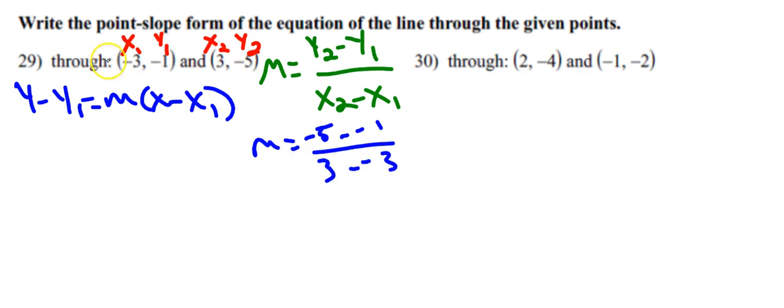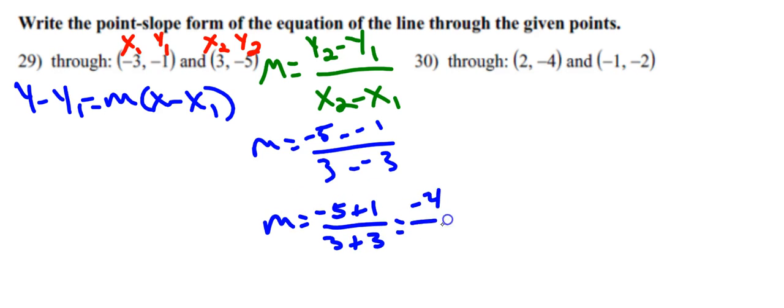I'm just getting that from these. If I want to clean that up, that becomes m equals -5 plus 1, over 3 plus 3, which is -4 over 6. And we can reduce by dividing both by 2, and that becomes -2/3. So we found that m.